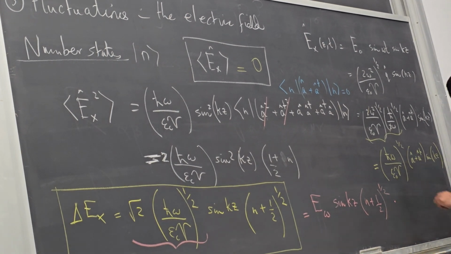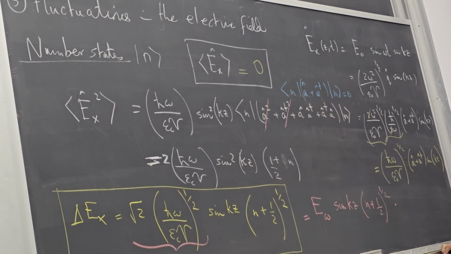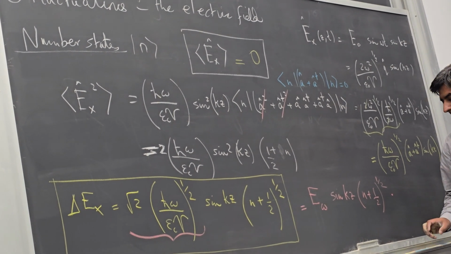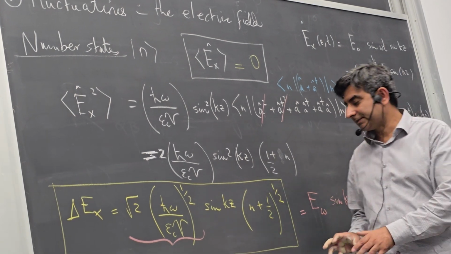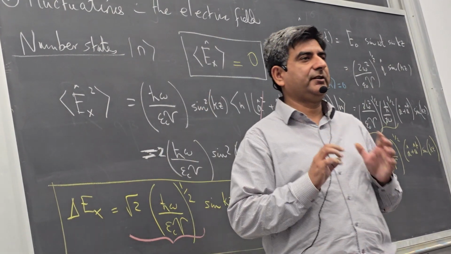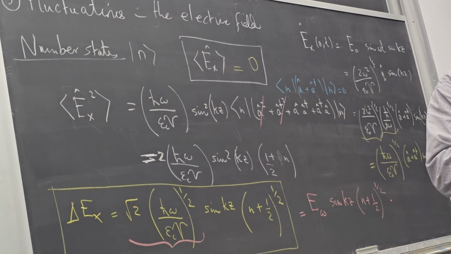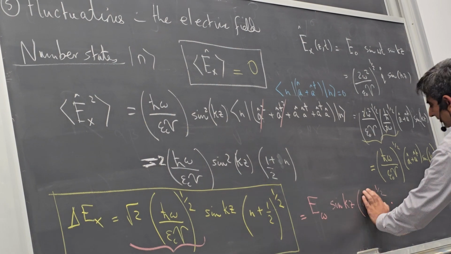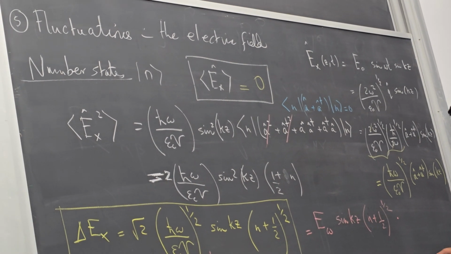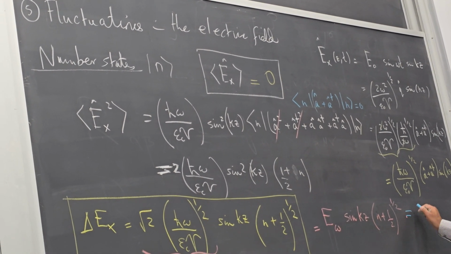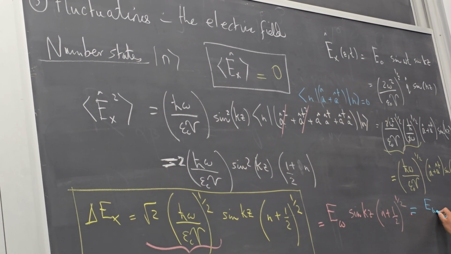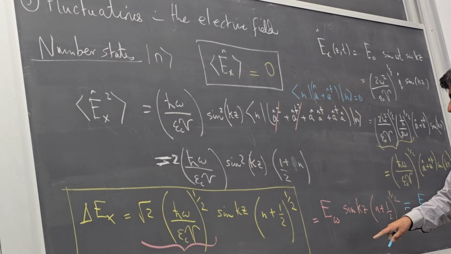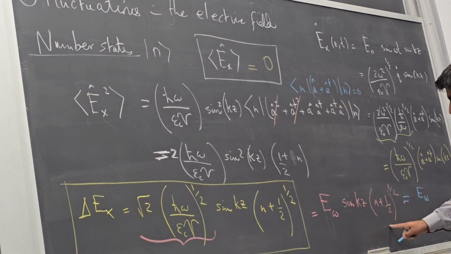Now if n equals 0, then there is still some fluctuation in the electric field. That corresponds to the vacuum state. So if I put n equals 0, I will get E omega, this is 1 over under root 2. Okay, so 1 over under root 2 here.